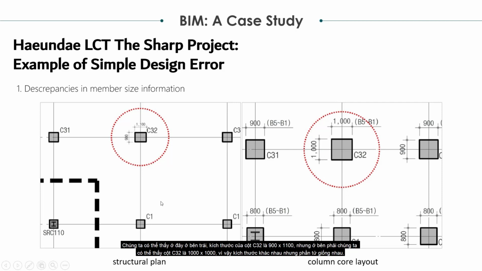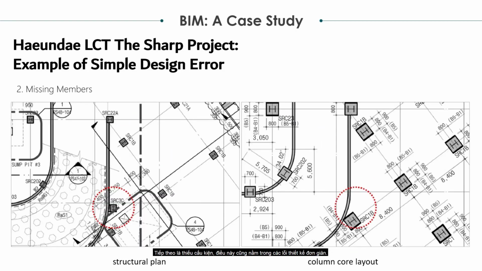So the dimension is different, but the element is the same. The next is missing members, also included in the simple design errors. We can see in the structural plan there is an SRC3C column, this one. But in the column core layout, there is no SRC3C column. So this is also a simple design error.